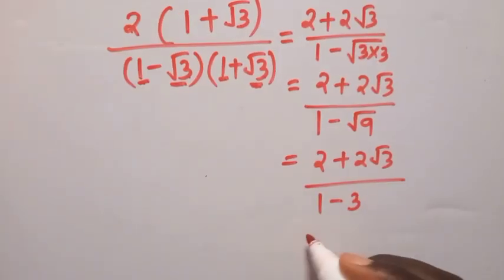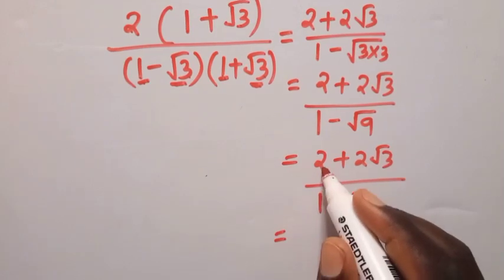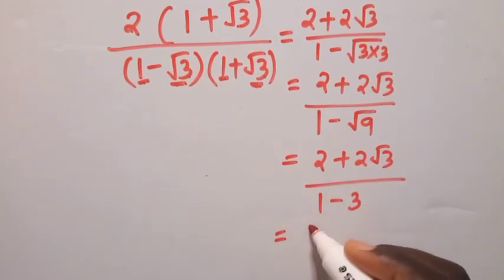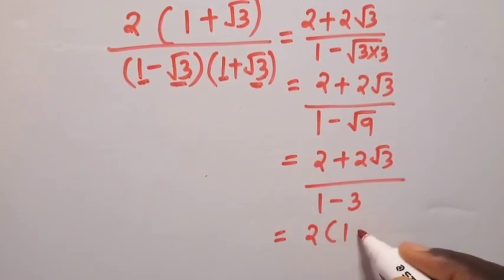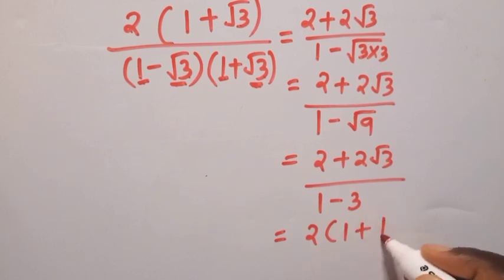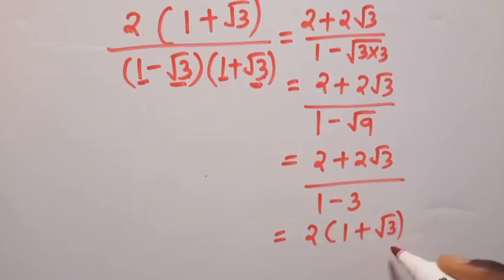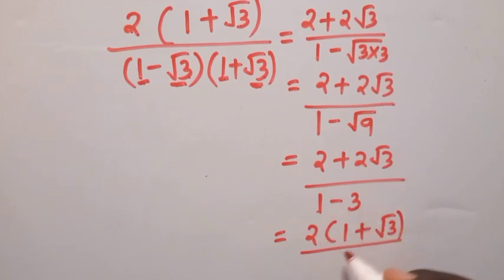Since that is what we have, if we factor out 2 here, we shall have 2 into 1 plus the square root of 3, then we close the bracket, all over 1 minus 3, which is negative 2.